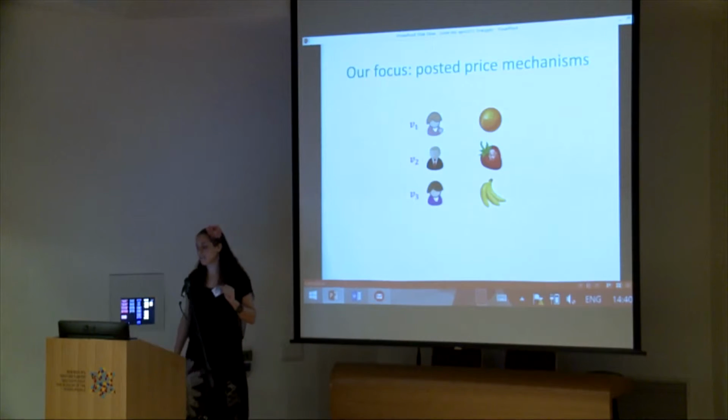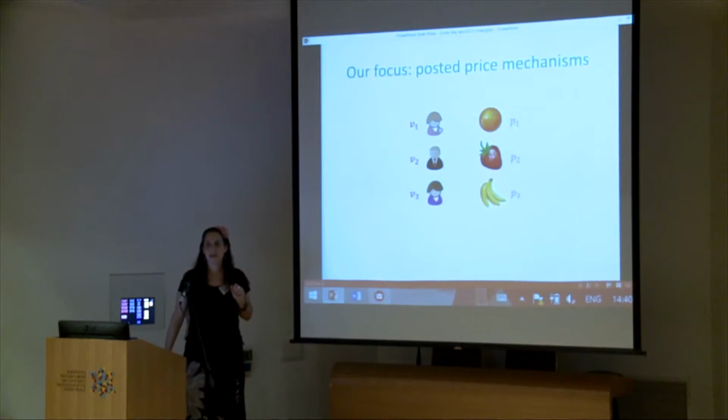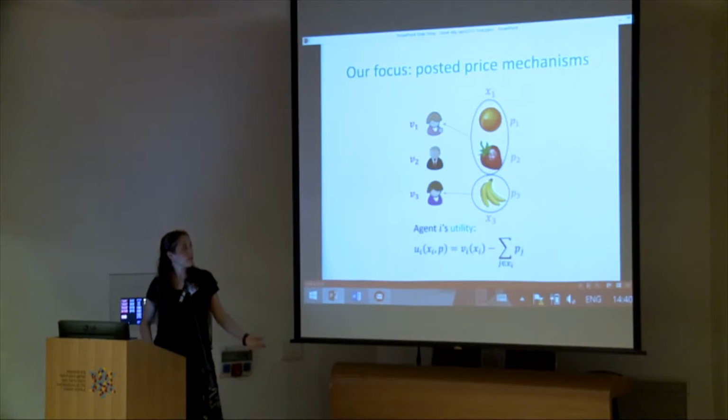In posted price mechanisms, we have a vector of prices for each item. So this orange costs P1, strawberry P2, et cetera. An additional thing you need to know is that once we have an allocation, say agent 1 gets the first and second items, his payment is just the sum of payments of the items, P1 plus P2.